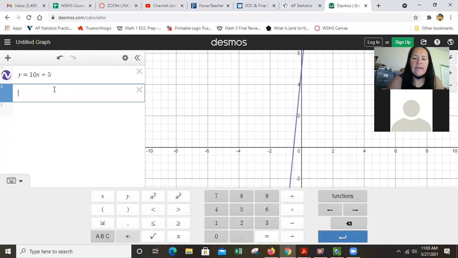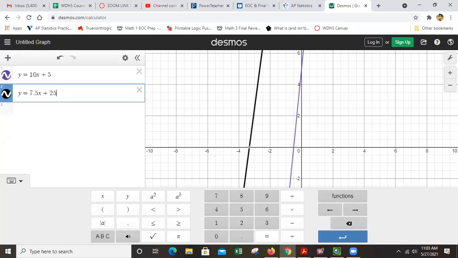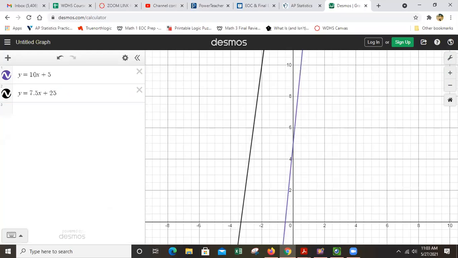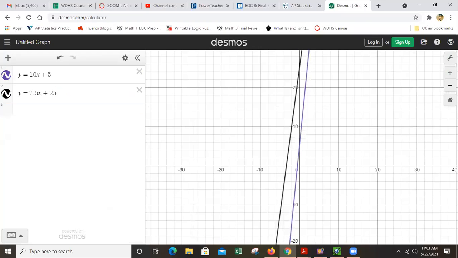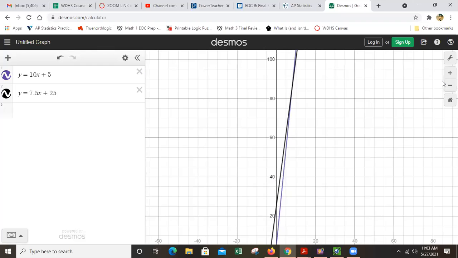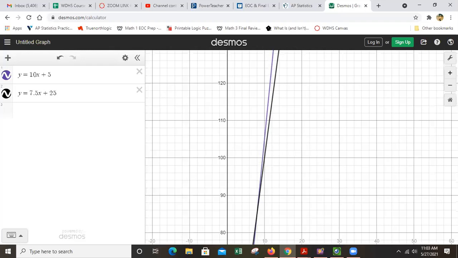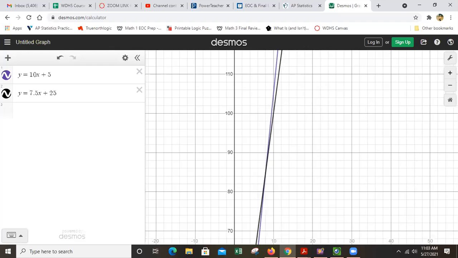And then the second one, because I don't want to do this in my regular calculator, Desmos is much nicer to use for this. I'm going to minimize me so you aren't looking at me. And I need to find out where they cross. And then I'm going to zoom in a little bit so I can see it a little better.